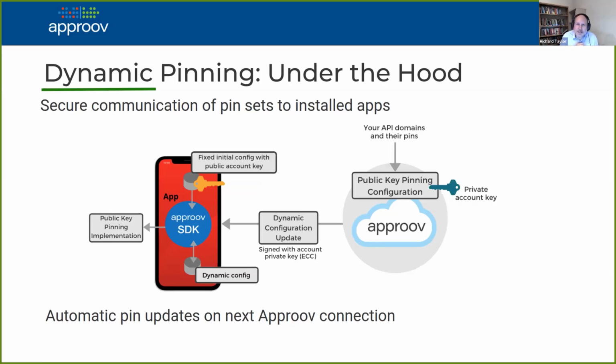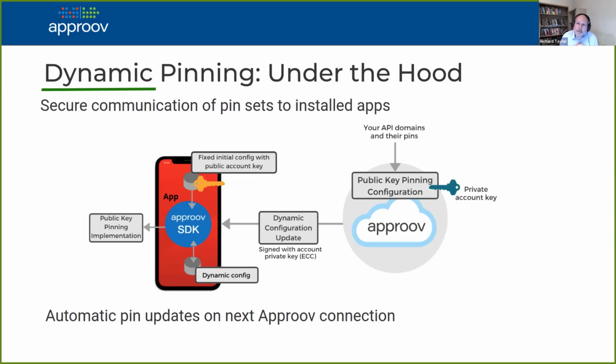We have a scheme where each individual Approve account holder has a public-private key pair. There's a public key which goes inside the app as part of the setup for the configuration of the SDK, and we hold the private key.